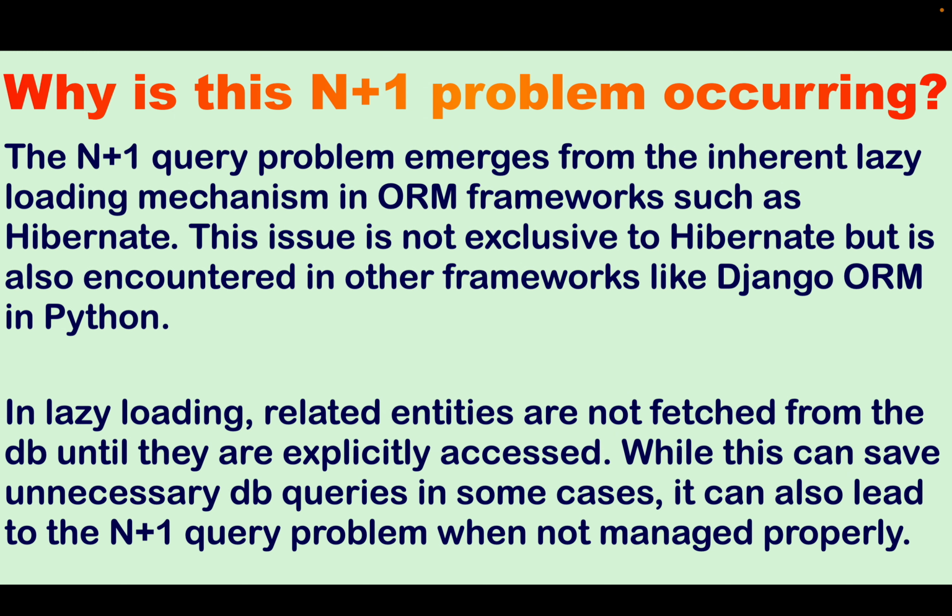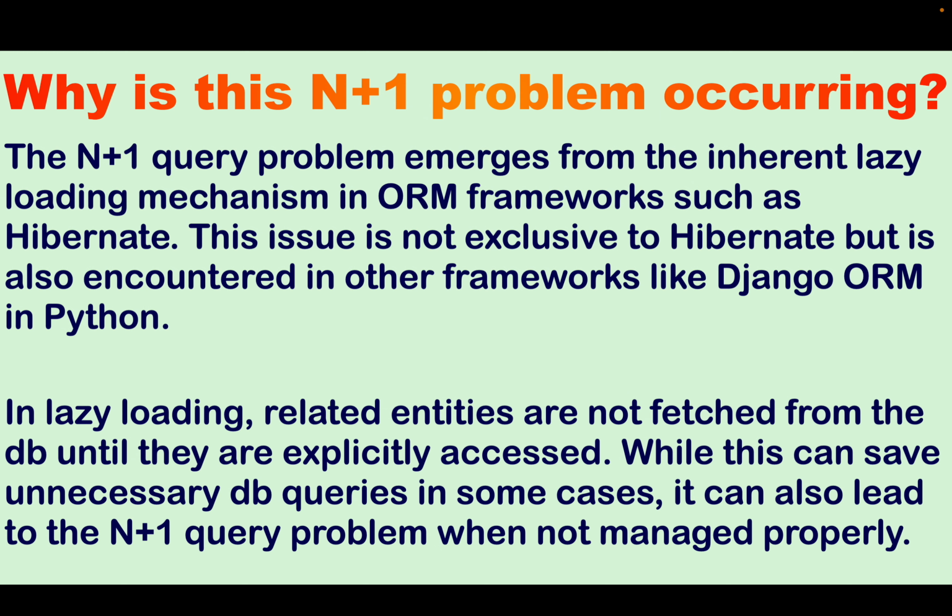Because of lazy loading, we do have benefits, because the related entities are not fetched from the DB until they are explicitly accessed. If I'm not accessing it, then there's no need for me to fetch it from the database. Yes, that will save a lot of time and unnecessary DB queries, but it also leads to this N+1 problem if it is not managed properly.